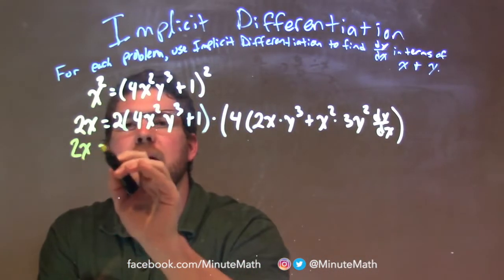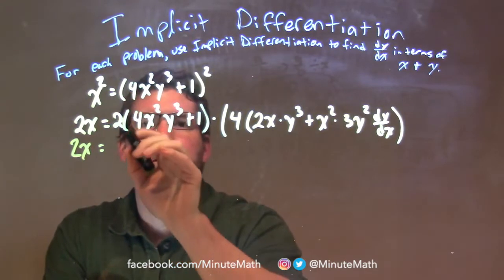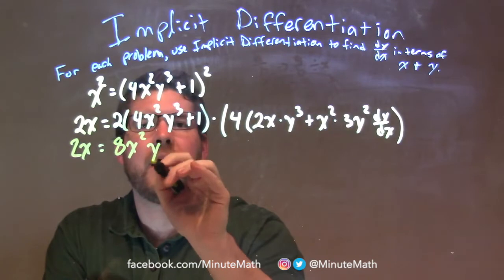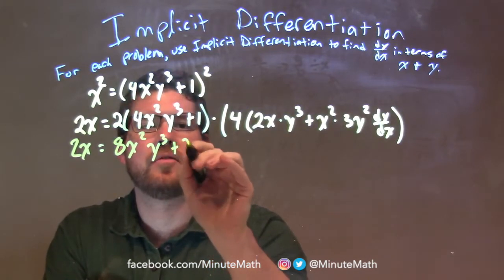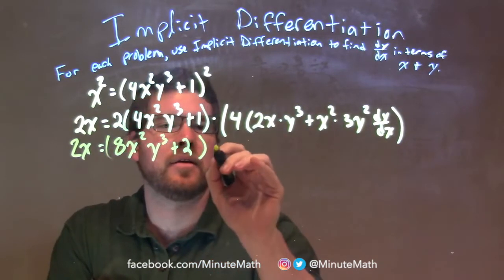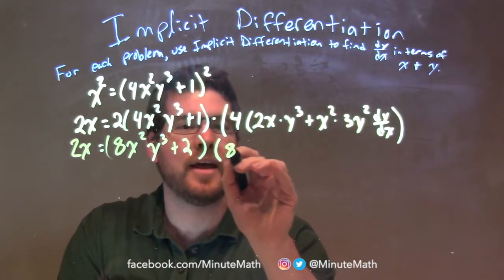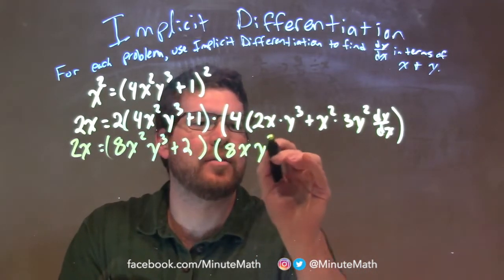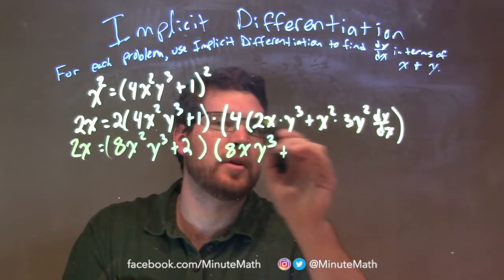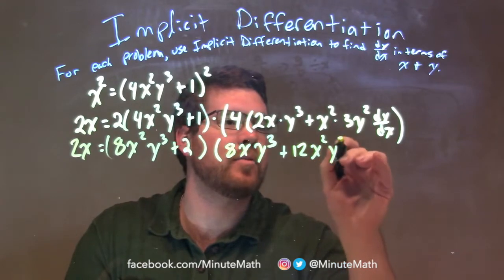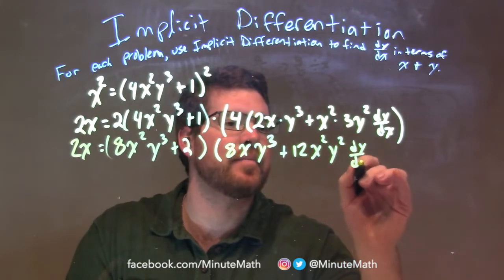So we have 2x over here is equal to, okay, multiplying that out, I have 8x squared y to the third plus 2. Use that parentheses there, all that together, times this one here. Distribute the 4 across. 4 times 2 is 8. So we have 8x y to the third plus 4 times 3 is 12, 12x squared y squared dy dx.